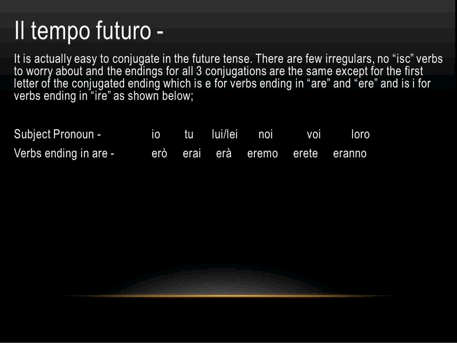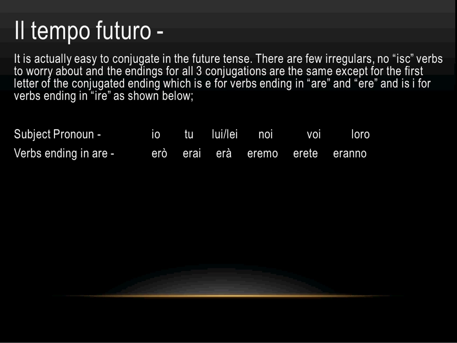First, let's look at ARE. You simply drop the ARE, and then you add erò for io. For tu, you add erai. For lui, lei, you add erà.